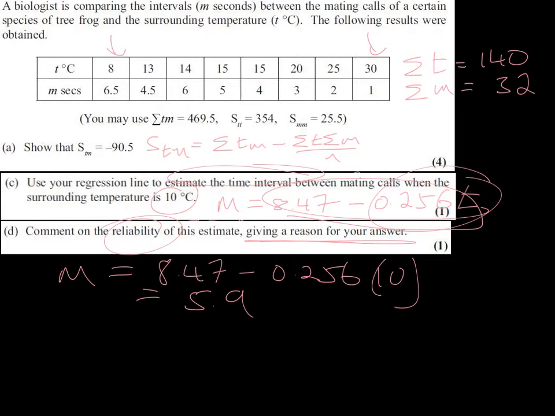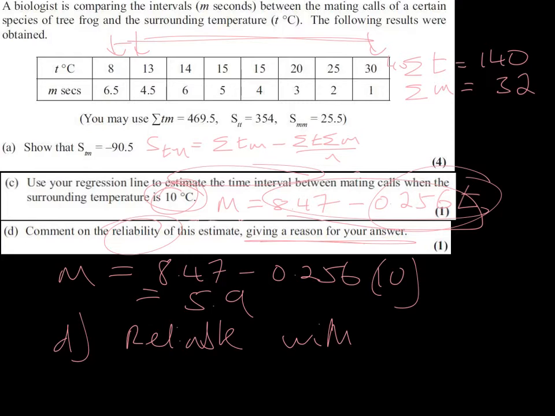So, for instance, making a prediction about what happened when the temperature is 40 degrees. However, because we are being asked to comment on the reliability of this value at 10 degrees, which fits within the range, essentially we need to be saying something along the lines of it is reliable because it is within the data set, something along those lines. And that is going to get you your second mark for these two questions.